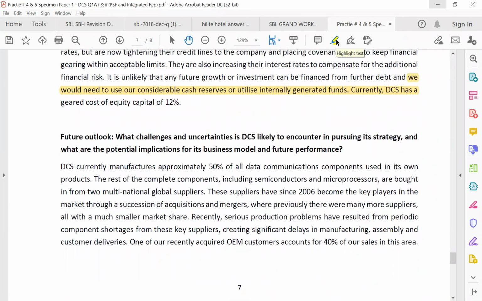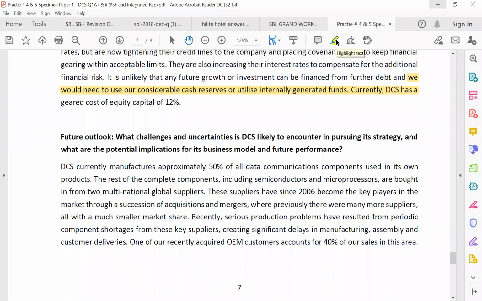Future outlook. What challenges and uncertainties is DCS likely to encounter in pursuing its strategy, and what are the potential implications for the business model and future performance? DCS currently manufactures approximately 50% of all the data communication components used in its own product.